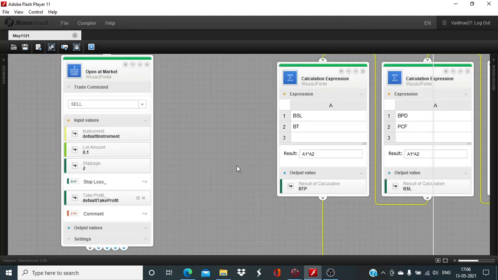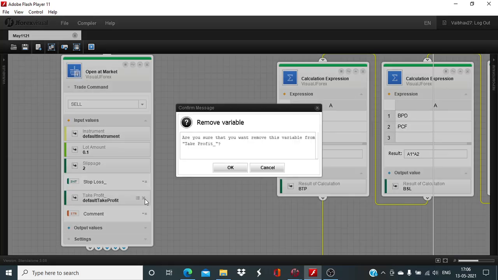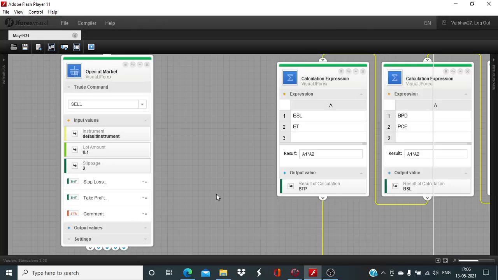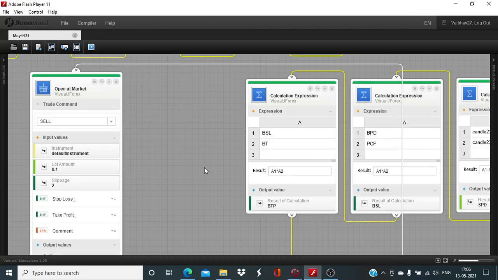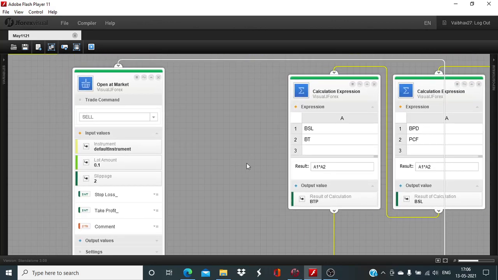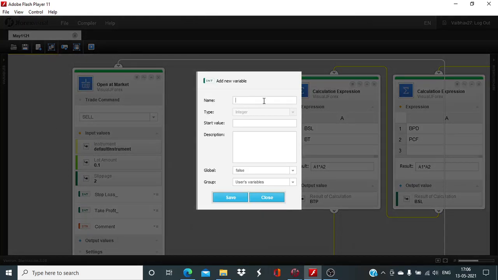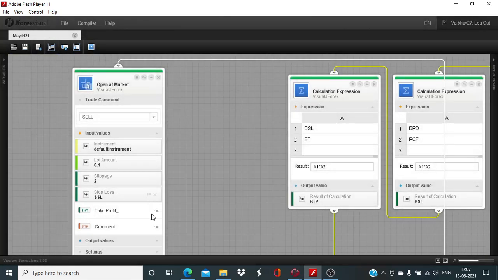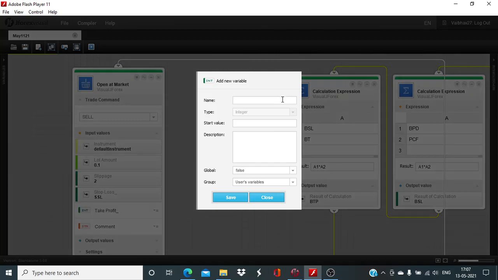For that, I will create the variables and we will assign them to the calculation expression block, which we will have to bring in. So here we will name it as SL, and this as SPP.